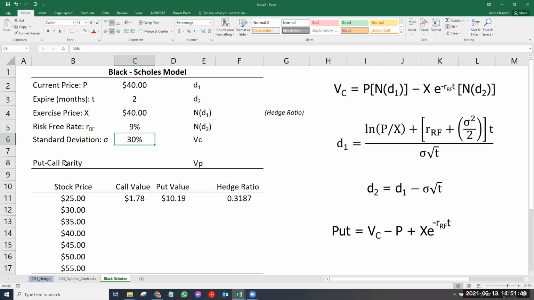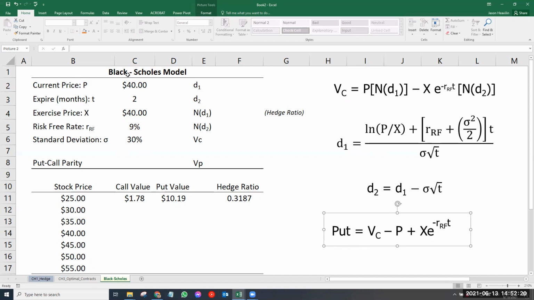Then we have this thing called put-call parity, which through this formula down here, we can use the value of the call and some of the information available here to get the value of the put option. So we can get both values by calculating the call option first, and then using the put-call parity to get the put option value.